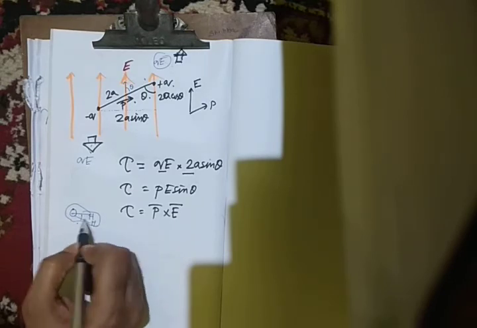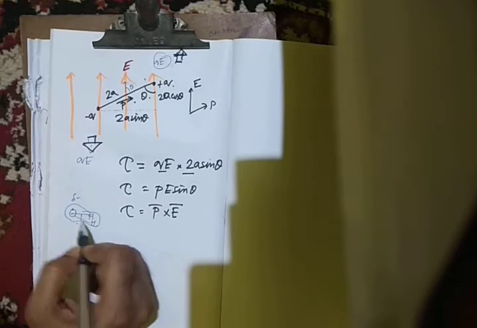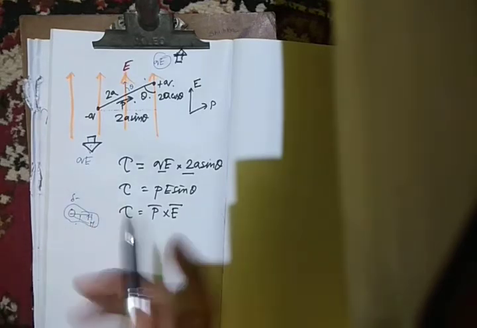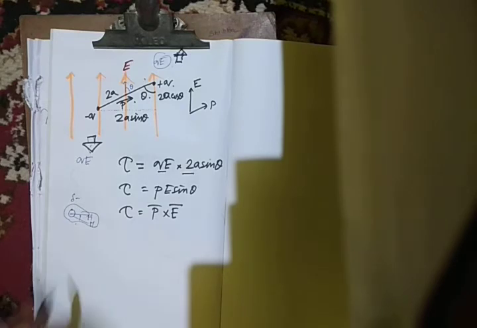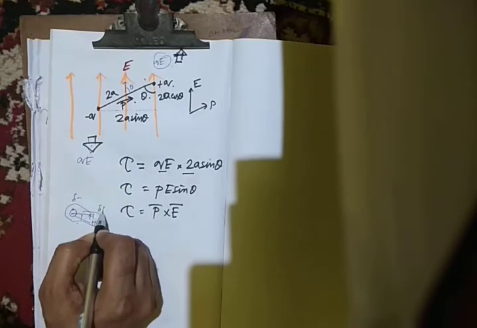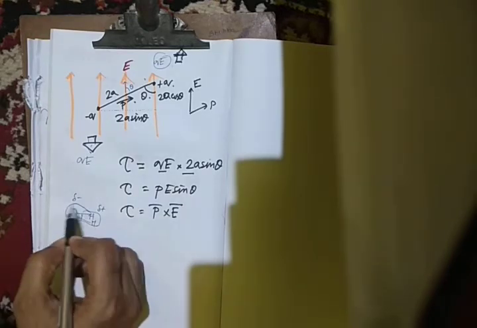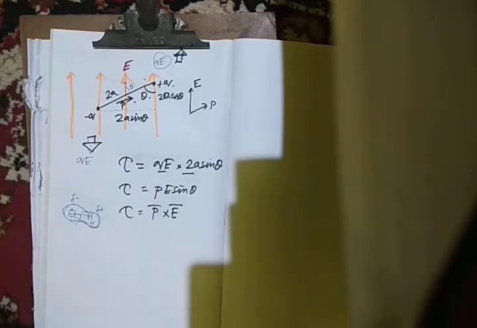This oxygen becomes slightly electronegative, so it pulls the negative charge towards it, and the hydrogen pulls the positive charge towards them. So this becomes a dipole, and in the microwave we apply an oscillating electric field.